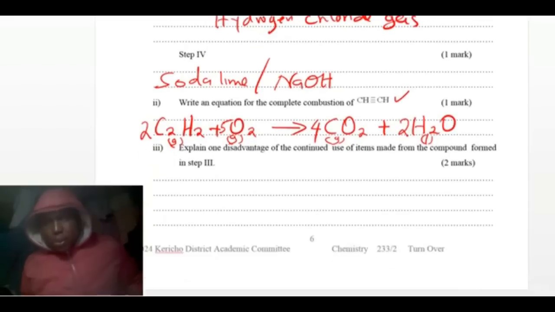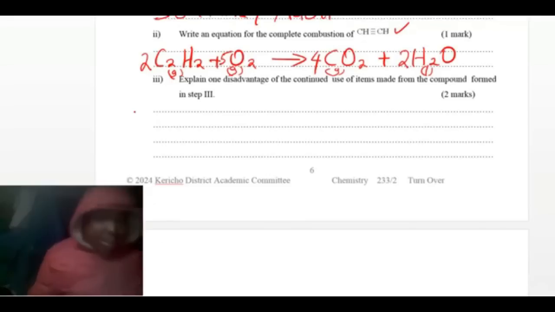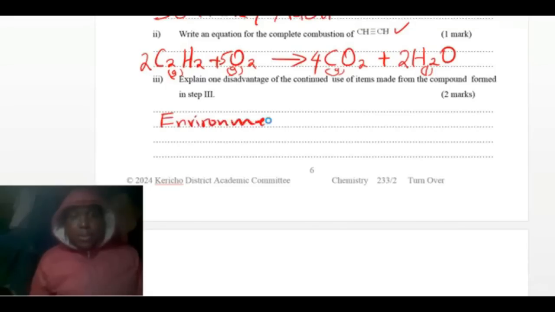Polymers have one main disadvantage. It is that they pollute the environment because they don't decompose. They are non-biodegradable. So you just write that they cause environmental pollution.